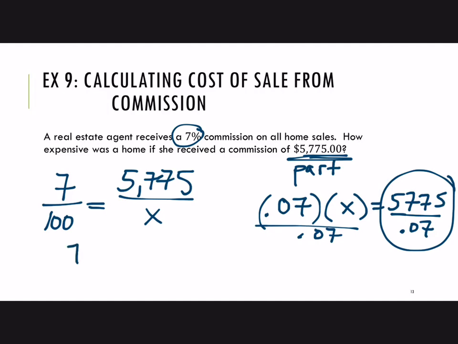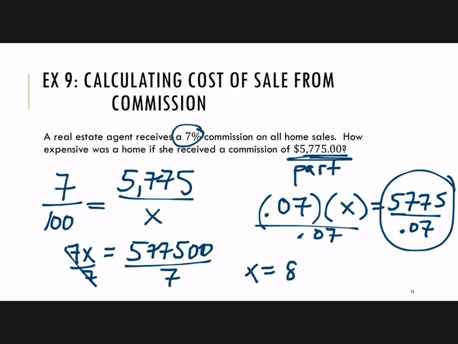All right, now proportion, cross multiplying, 7x equals 577,500, and then divide by 7. And then both of those should give you the same thing. And let's see, I'm getting x equals 82,500. It's a pretty cheap house.